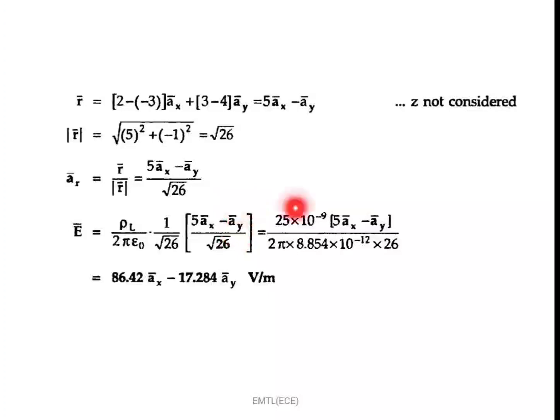Now computing all these values except the vector, the final electric field intensity value is equal to 86.42 aX bar minus 17.284 aY bar. And the unit of electric field intensity is volt per meter.